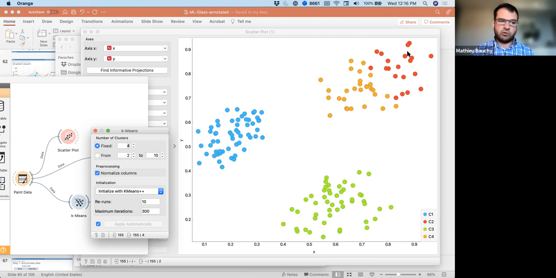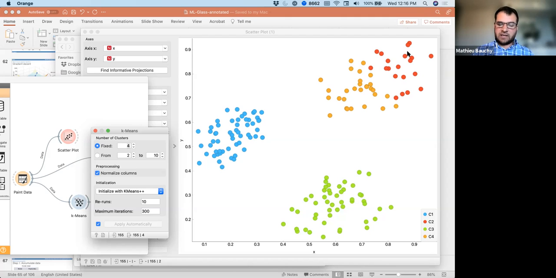K-means cannot guess on its own how many clusters there are in the data set. That being said, there is still a way for you to find the optimal number of clusters. For this, one thing you can do is to try different combinations.